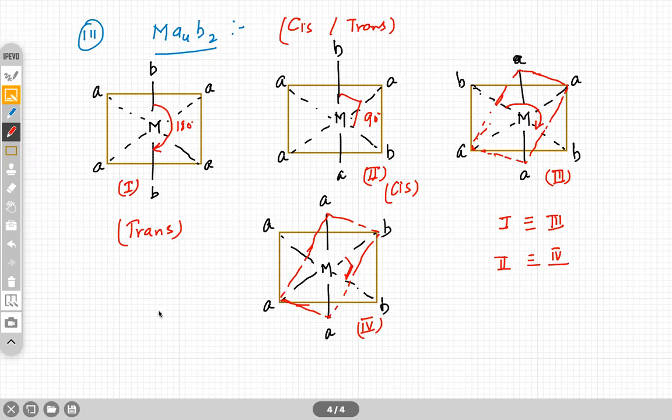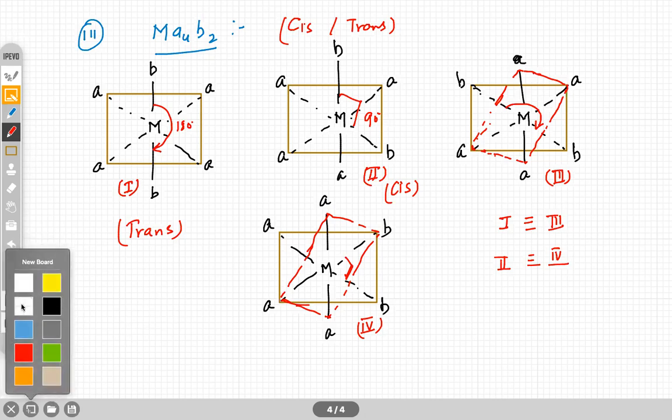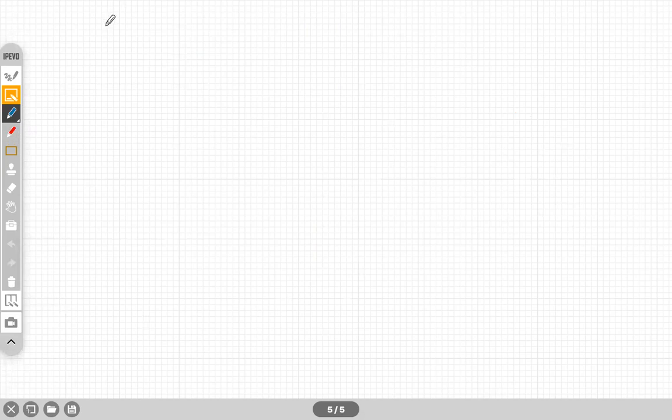Okay. Now another one you see, fourth type of molecule, Ma3B2C type molecule. Tell me, if GI is possible, then how many GI should be there?